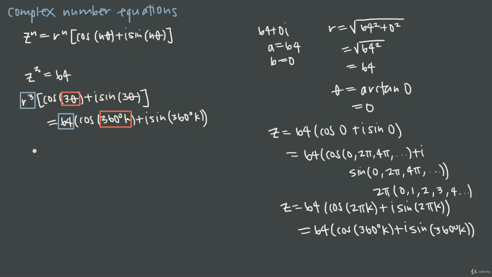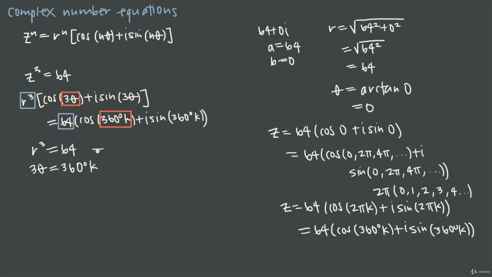And this process we're following is the same process you can follow every time to solve a complex number equation like this one. So what we get next, our next step, is to get this system of equations, r cubed equals 64, and 3 theta is equal to 360 degrees times k.